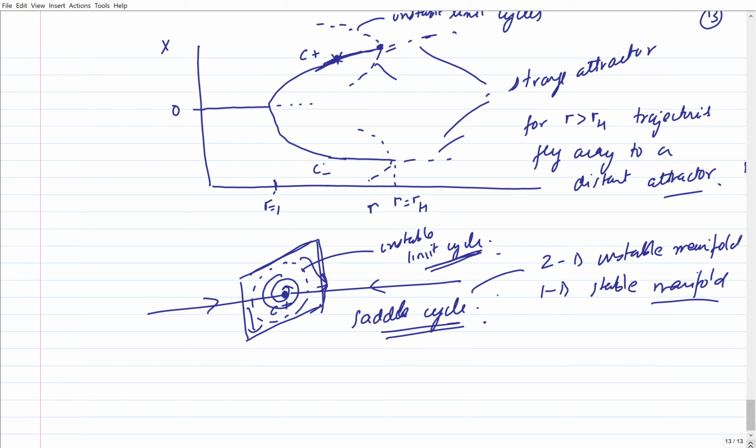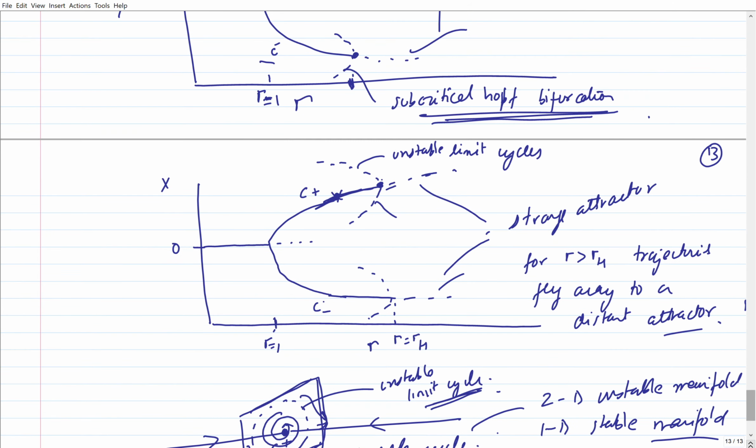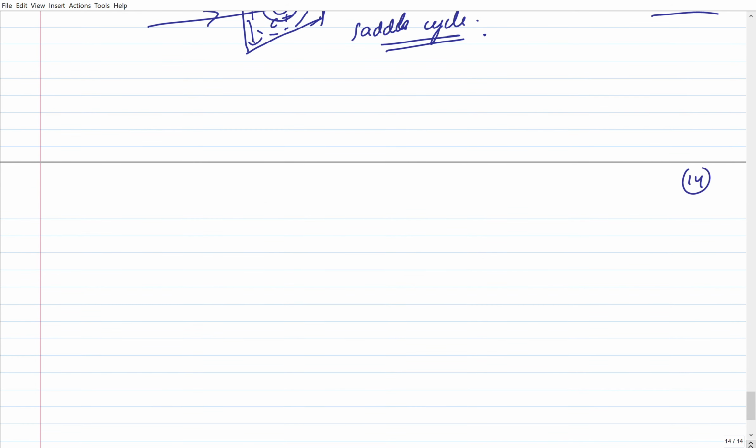The focus of this chapter is going to be what happens beyond rH. So Lorenz explored this numerically. Let me say chaos on a strange attractor.